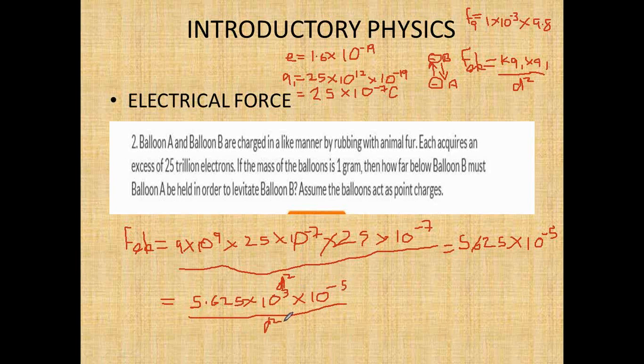Okay, so when we simplify this a little bit more, this is 10 to the power 3 times 10 to the minus 5, so this is 10 to the minus 2. So it is 5.625 times 10 to the minus 2, still with your d squared below.